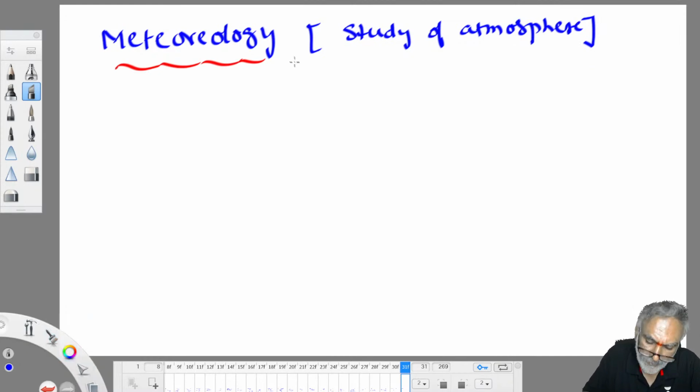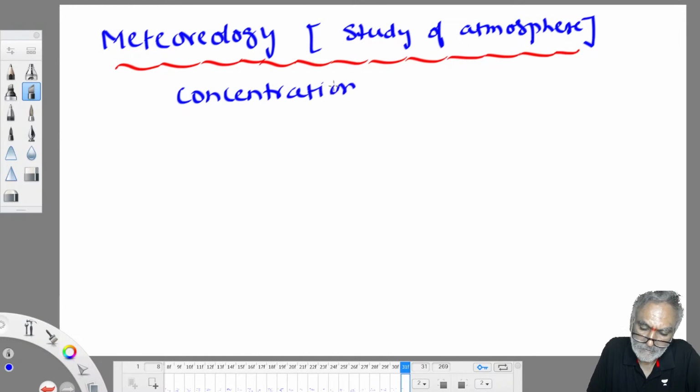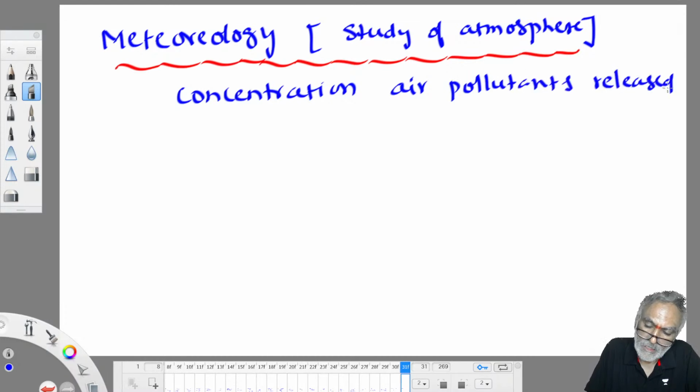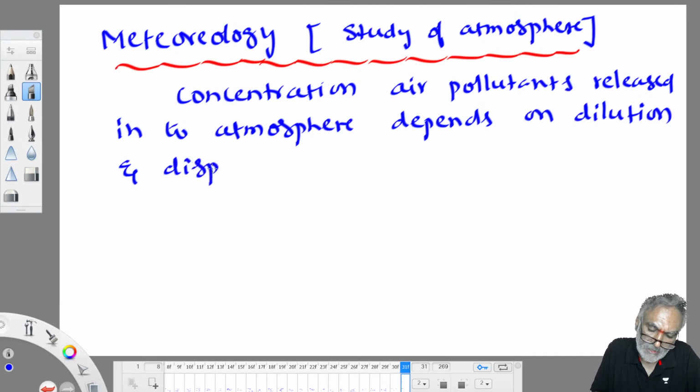So the concentration of air pollutants in the atmosphere depends on atmospheric conditions. The concentration of air pollutants released into the atmosphere depends on dilution and dispersion.